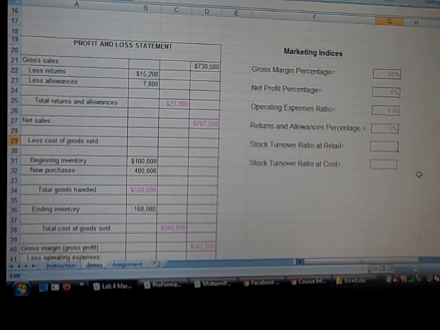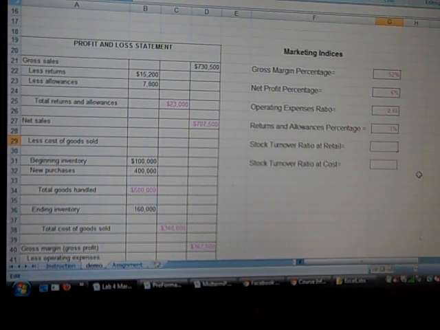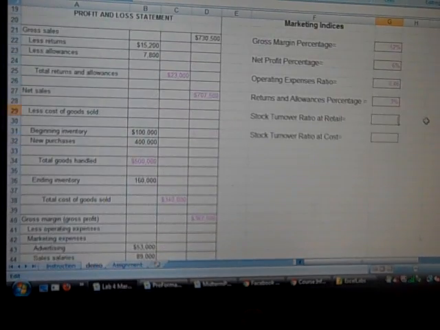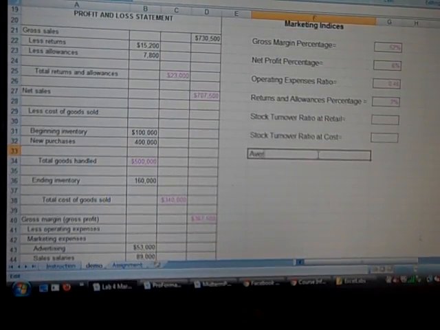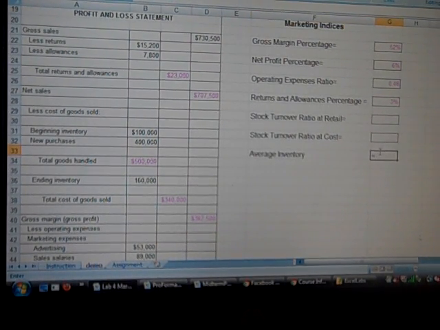Okay, and then to do stock turnover ratio at retail, you have to first find the average inventory. So I'm going to make another table right here and put average inventory. And this box is just going to be used to calculate these two. So to find average inventory, you find the beginning inventory plus ending, and you divide it by 2.